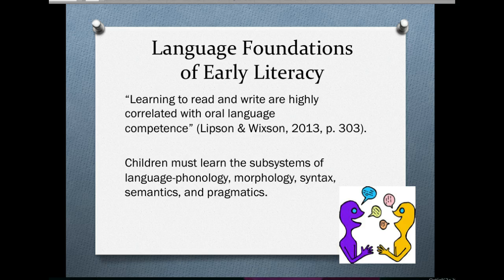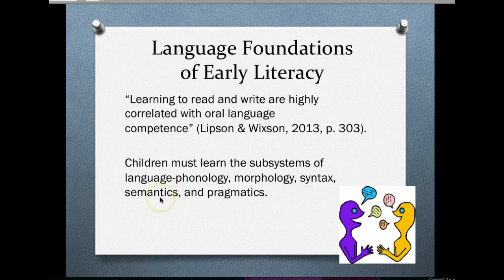Children must learn the subsystems of language, such as phonology, morphology, syntax, semantics, and pragmatics. Phonology is the study of speech. Morphology is how words are formed. Syntax refers to the pattern structure of word order, so kind of like the grammatical rules of a language.